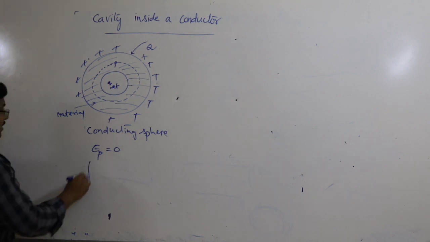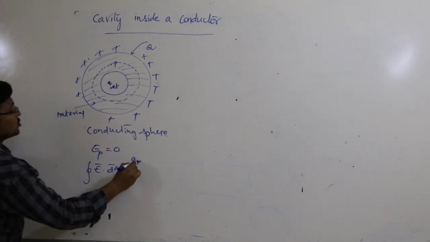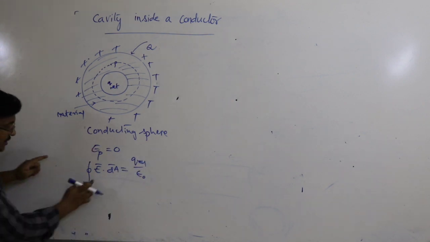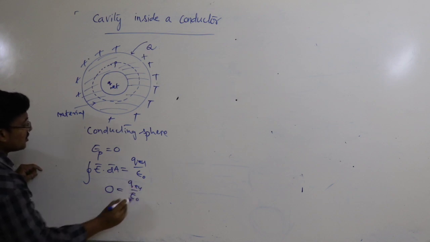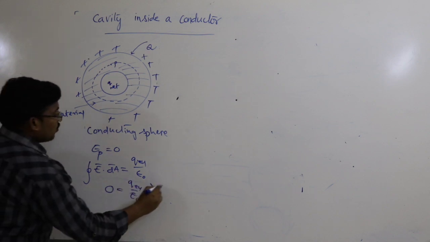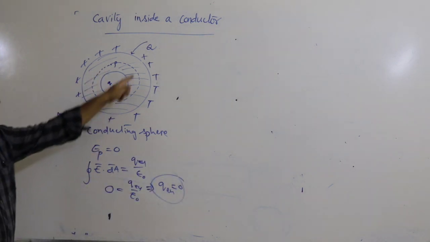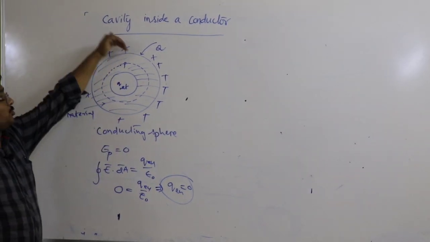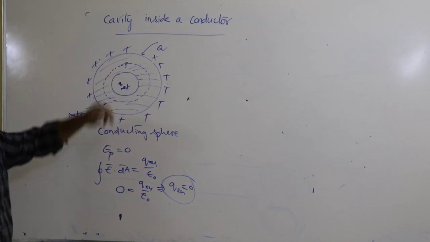Right? Now according to Gauss law, the integral of E dot dA is equal to enclosed charge by epsilon naught. Now when E is 0, this side is 0, equal to Q enclosed by epsilon naught. Now what charge is enclosed in this Gaussian surface? 0. It means for sure, when you give the charge Q, that charge can never induce anything on the inner surface.